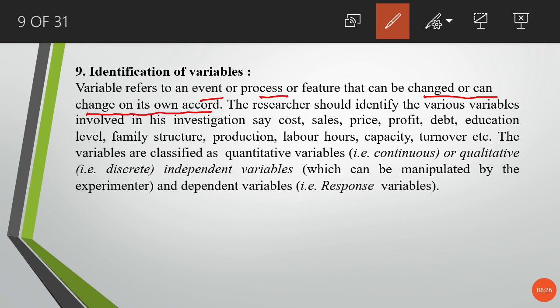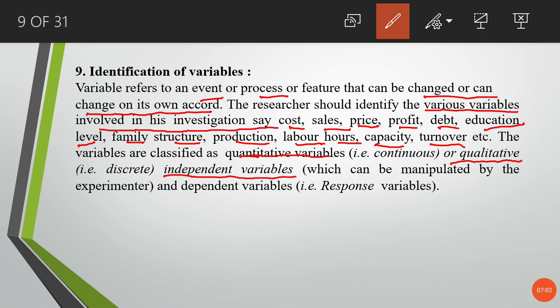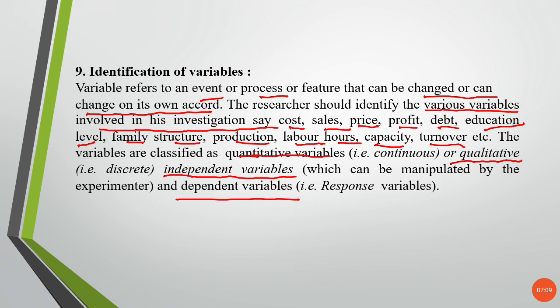The researcher should identify the various variables involved in his investigation, say cost, sales, price, profit, debt, education level, family structure, production, labor hours, capacity, turnover, etc. The variables are classified as quantitative variables, that is continuous, or qualitative, that is discrete, independent variables which can be manipulated by the experimenter, and dependent variables, response variables.